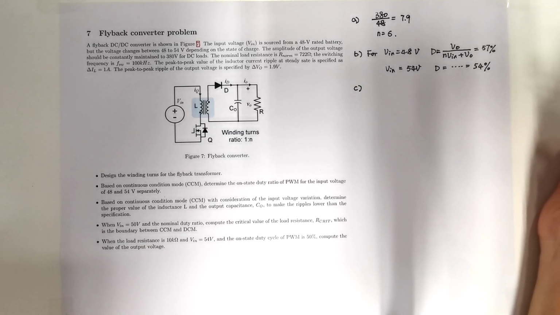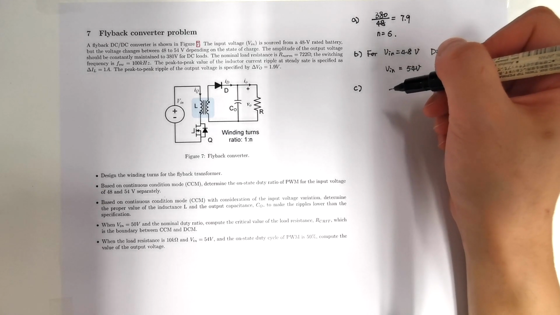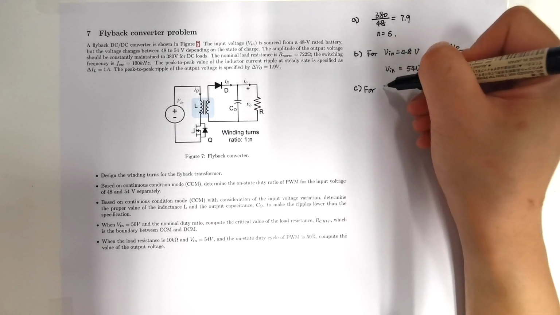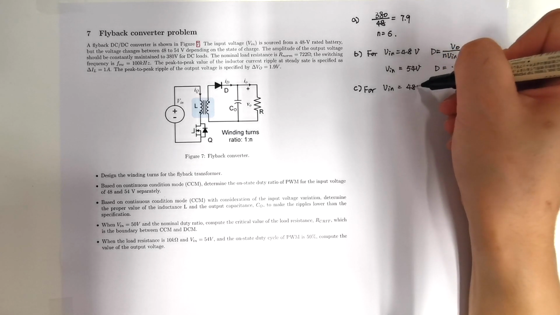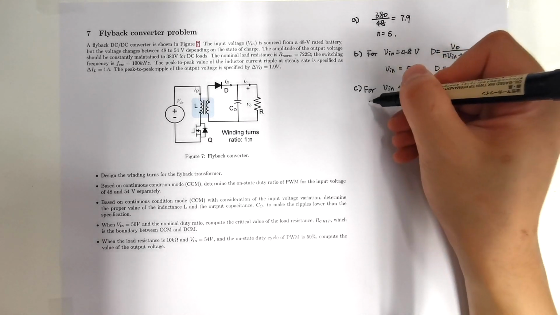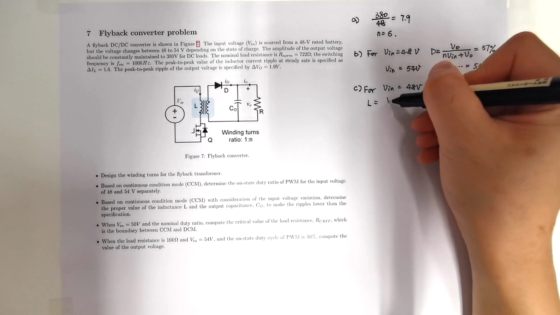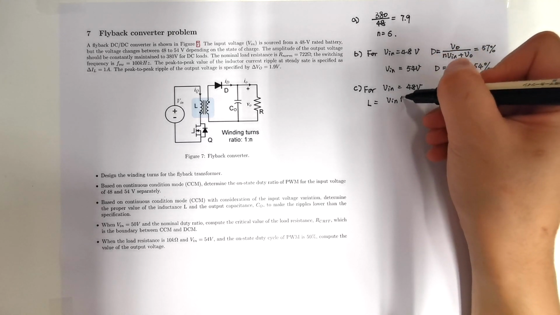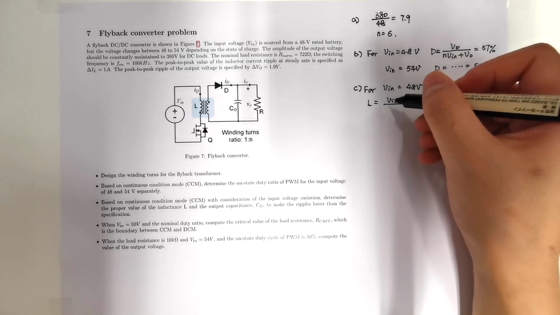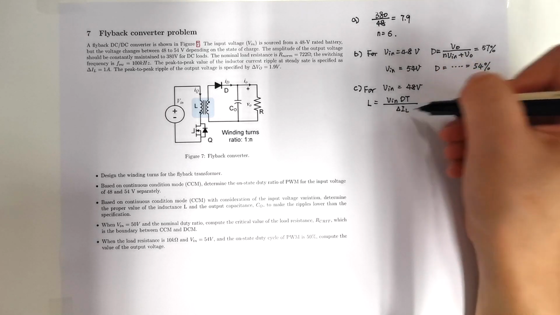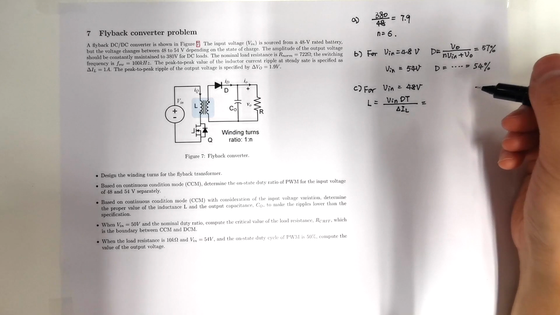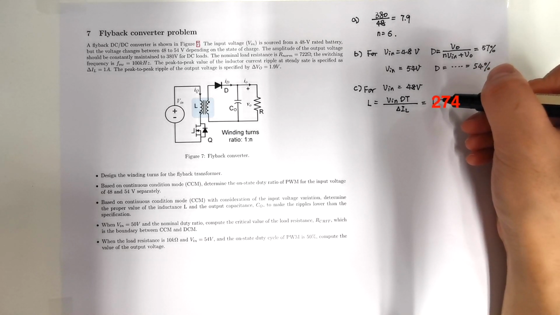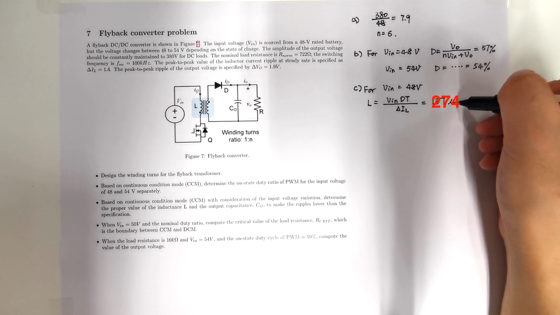The third question asks us to design the inductance and the capacitance to make the ripple lower than the specification. We also calculate based on different inputs. When the input is 48 volts, our inductance equals V in times d T divided by delta IL, and we get a value of 137 microhenry.